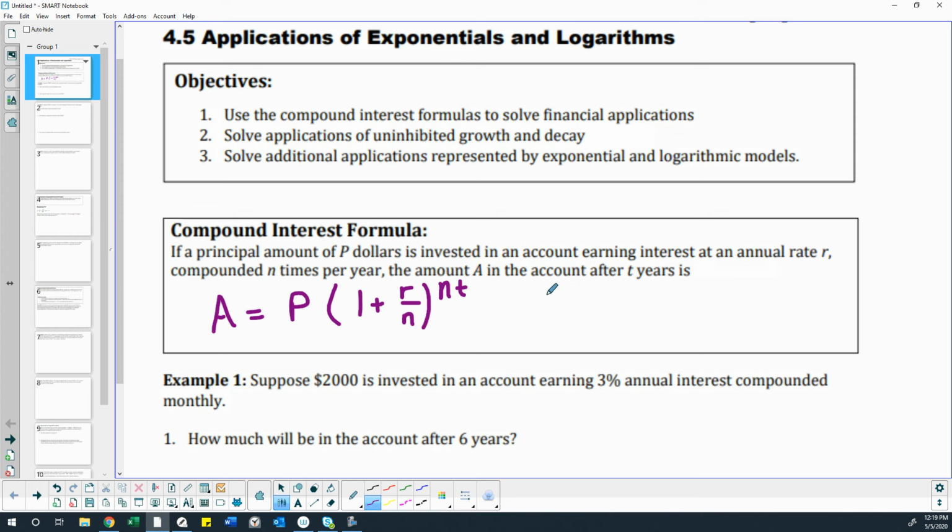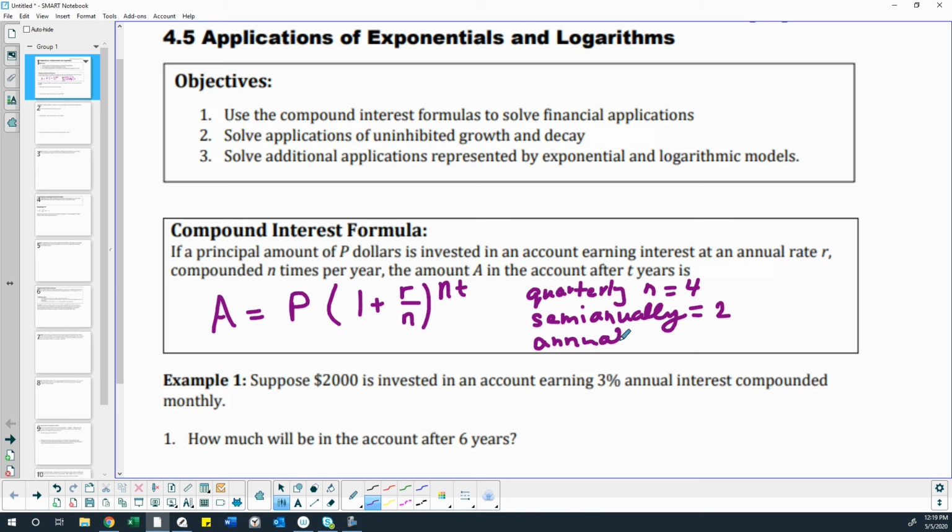Just a few things to remember when it tells you something is compounded a certain number of times. If we see the word quarterly, that would mean that n equals 4, because it happens 4 times a year. If it's semi-annually, that would be twice a year.